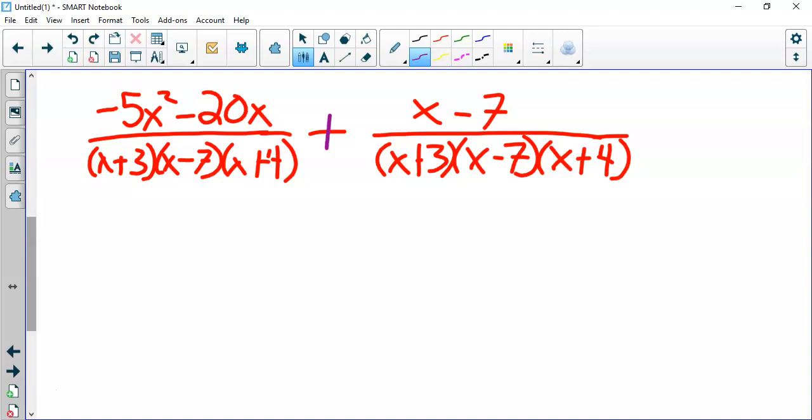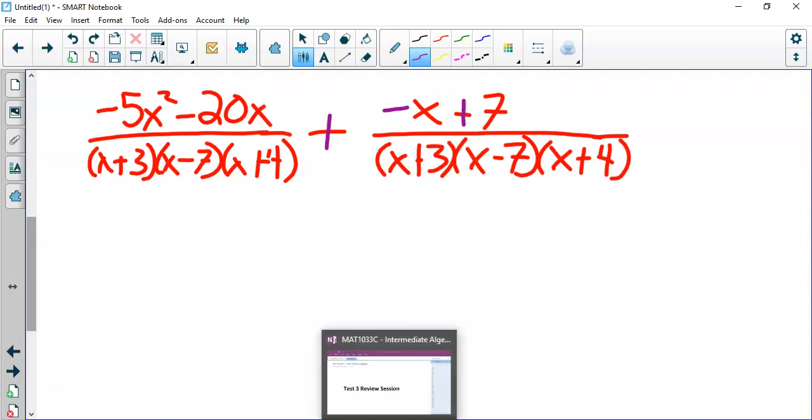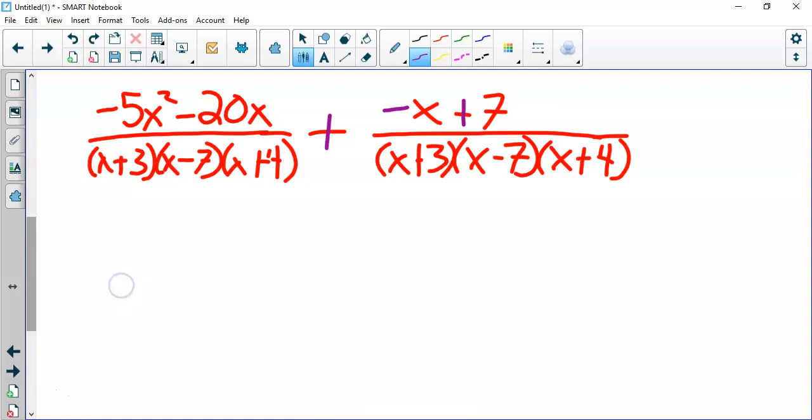So usually when I have subtraction, I'll turn it into a positive, and then I'll come over here and change all my signs. Positive x became a negative x. A negative 7 becomes a positive 7. So when I have subtraction, I turn it into a plus and flip all the signs in the numerator of the second fraction. Does that make sense?